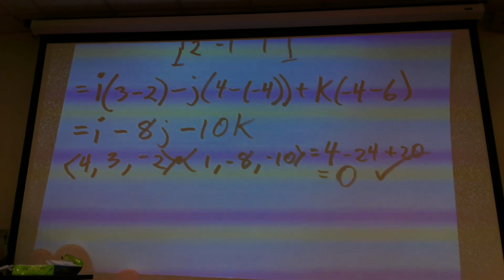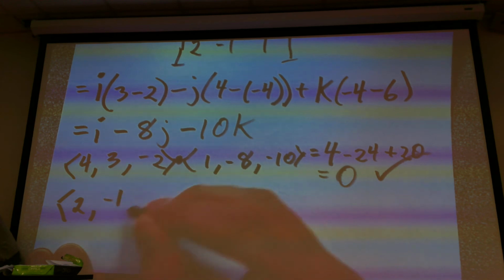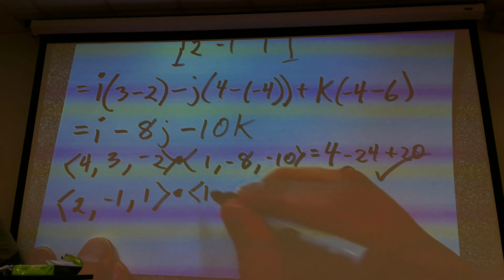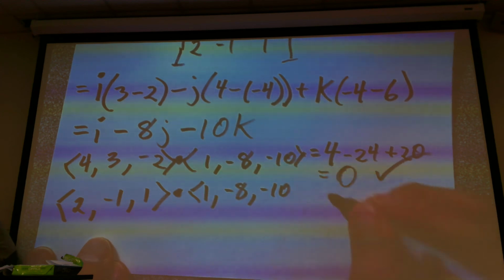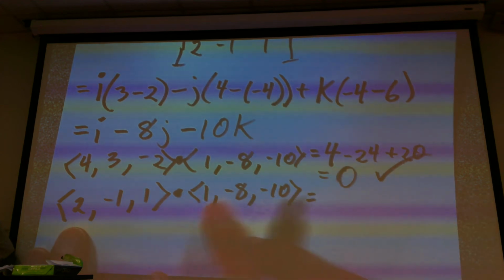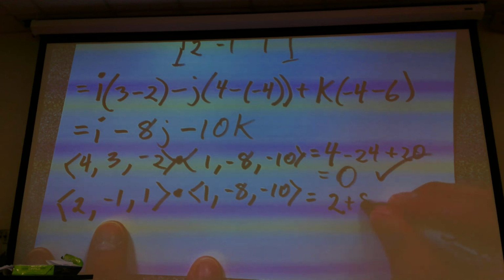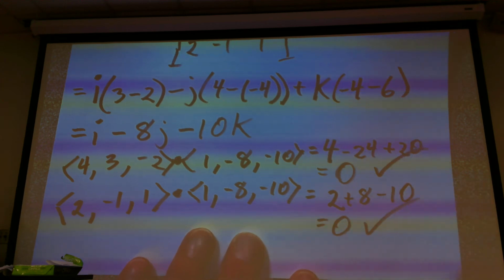Okay, let's try the other one. (2, -1, 1), now dotted with that same one that we produced. So 2 times 1 is 2. -1 times -8 is +8. And then 1 times -10 is -10, so that equals 0. Now we can check mark.